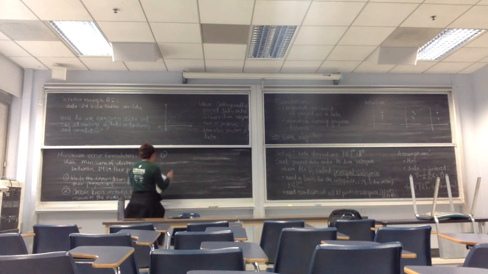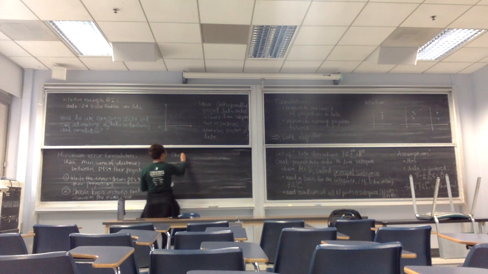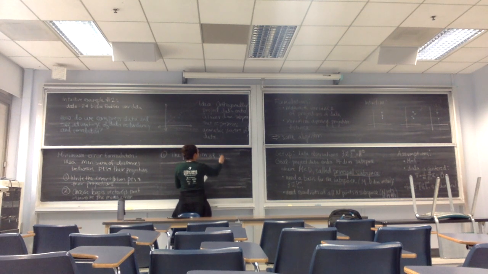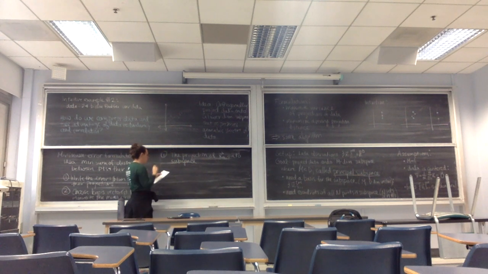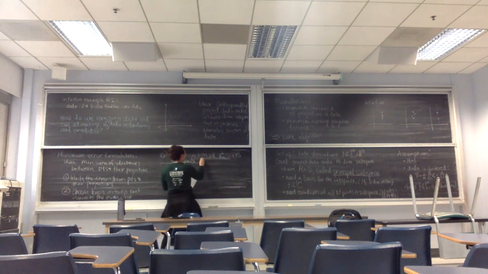So the projection of xn, the nth data point, onto the subspace spanned by v1, is just given by this point.